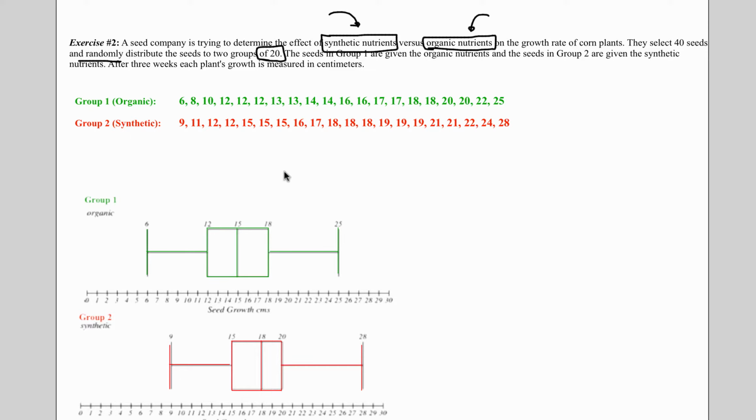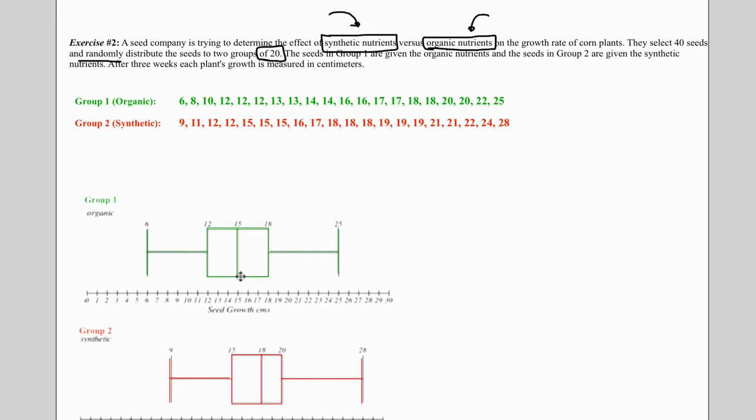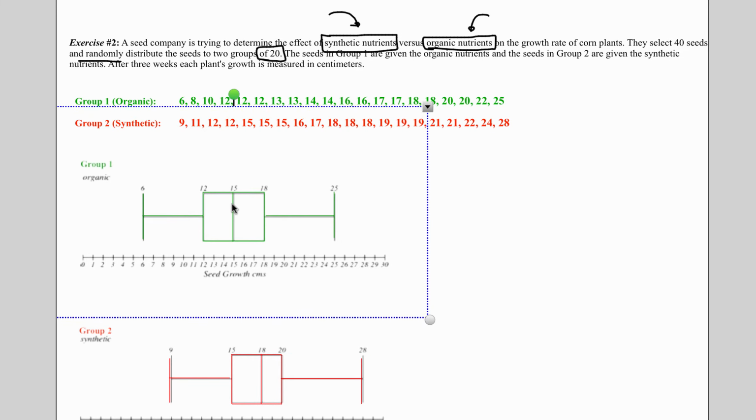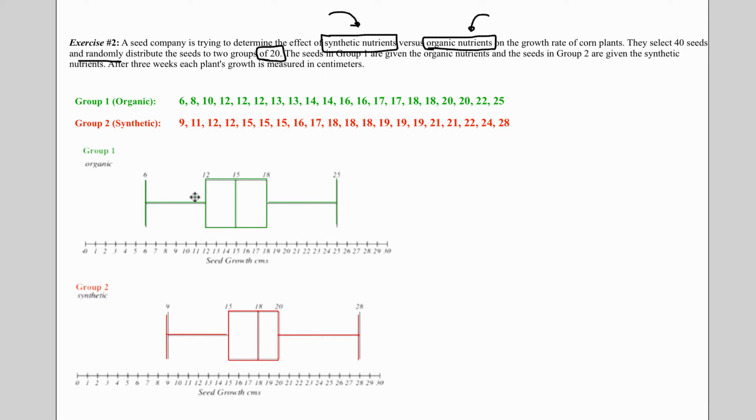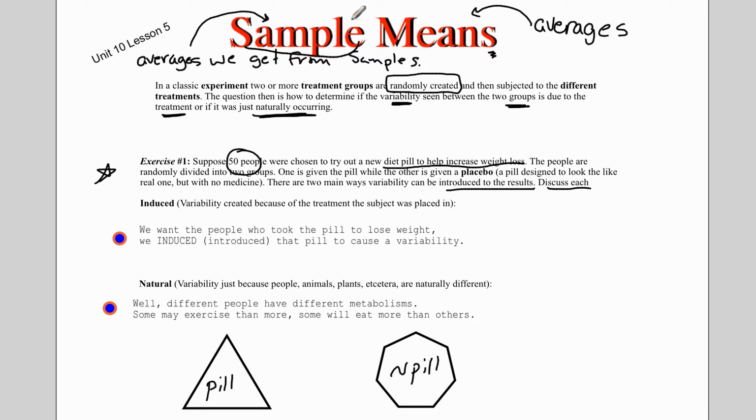So now we're going to compare and contrast. One way to do that is to look at a box and whisker. So right here, I have the red and the green. I decided to take the sample and compare their averages.